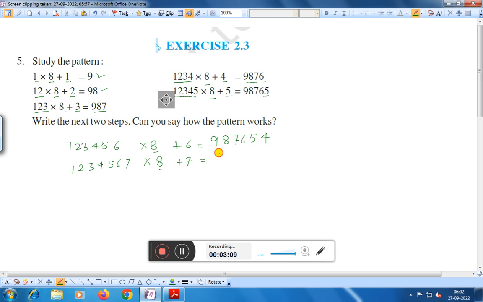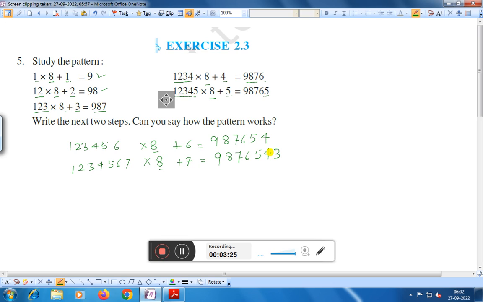And this number will be 9, 8, 7, 6, 5, 4, one less, that is 3. Now we got the pattern like this.